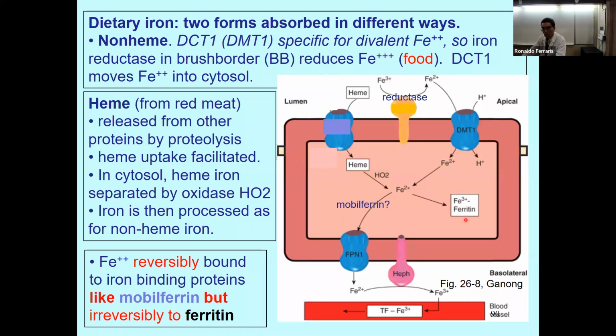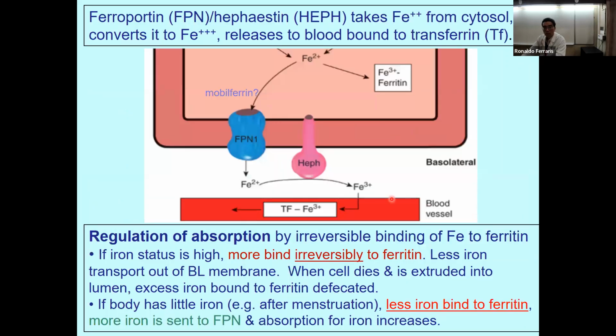So now how do we do this? This is your mobilferin pathway. So you have your divalent iron. One pathway is this one. Remember, binding of divalent iron to ferritin is irreversible.